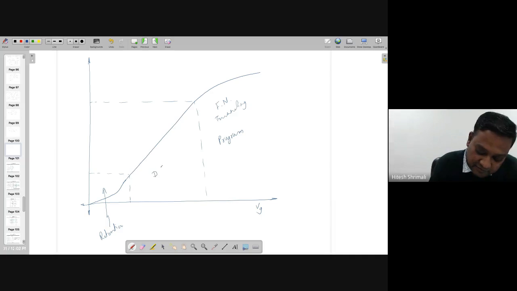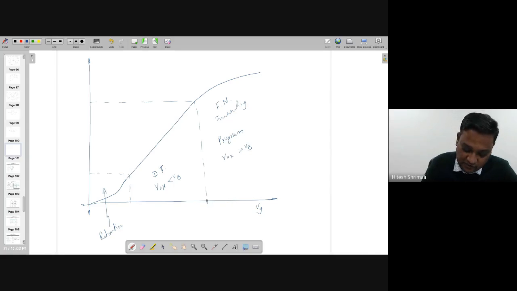Definitely, in between there is a direct tunneling where Vox is lesser than VB, and here Vox is more than VB, right? Note that this voltage which you are applying at the gate is much higher than the required voltage of VDD.